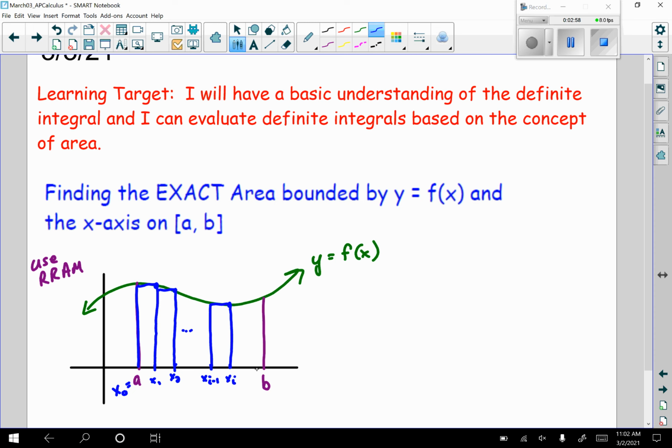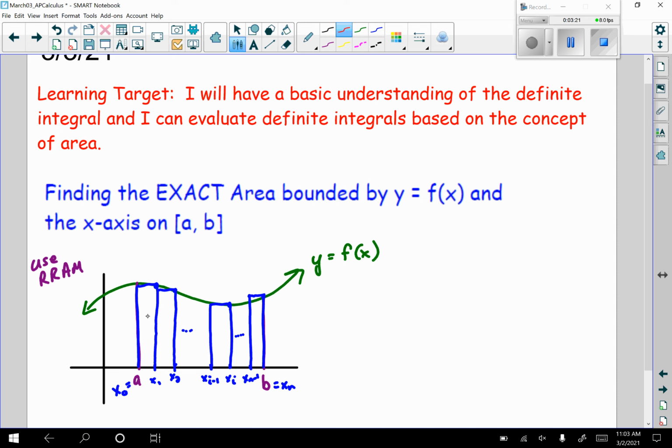And then at the end here, I'm going to have x sub n minus 1, and b is going to be called x sub n. I'll just show some dots here to show that we're going to have some rectangles in there.